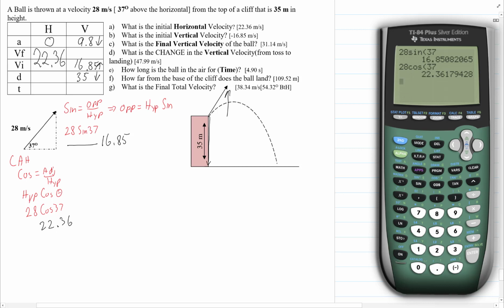Okay, so the first thing that we have to calculate is the final vertical velocity. So we're trying to solve for this. Without time, we use VF squared is equal to VI squared plus 2AD. So this is going to be 16.85 squared plus 2 times A, 9.8, and D, which is 35.